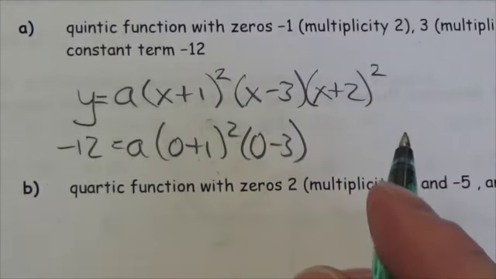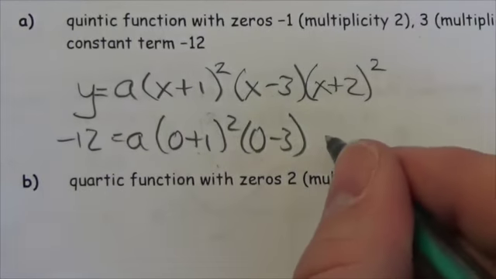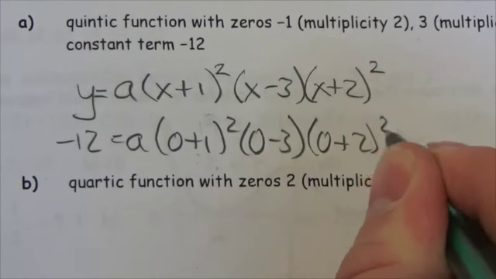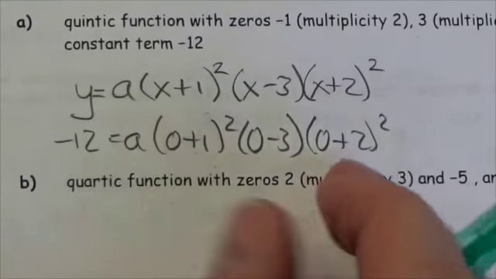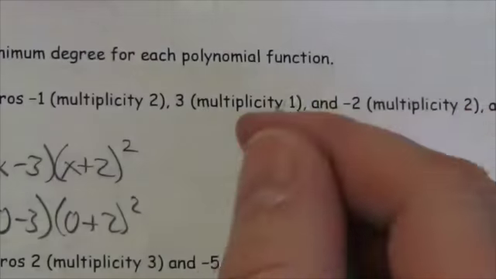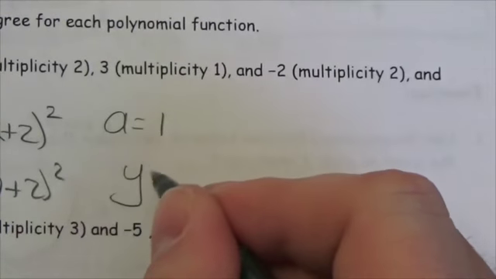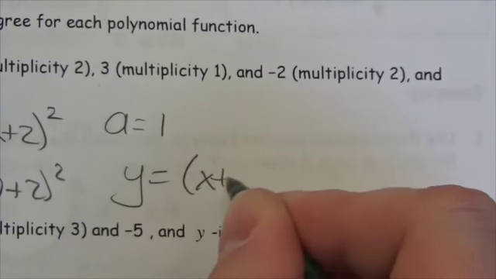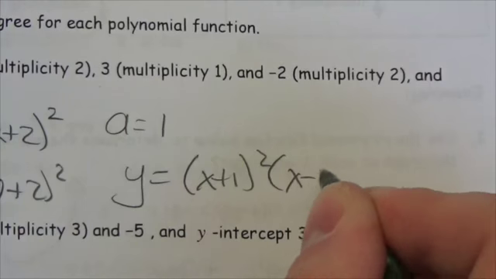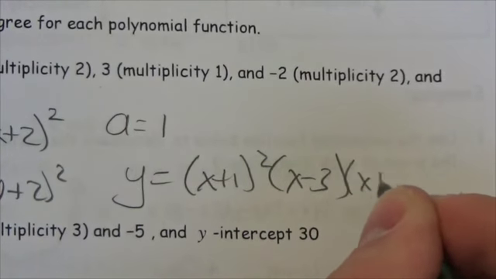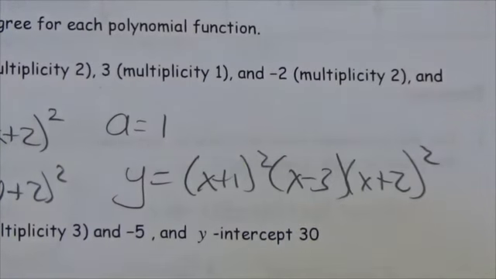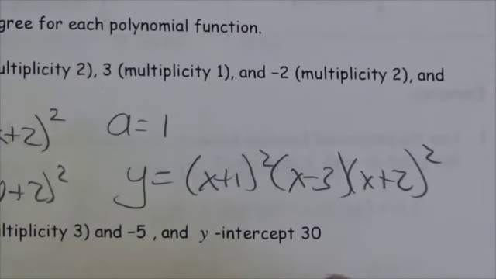That one right there, where x is 0. That was weirdness. 0 plus 2 squared here. And when I evaluate this and then divide it through, I'm going to get that a is equal to +1. Which means that my overall function is simply going to be exactly what I had written originally. There didn't need to be a stretch factor there to get a constant value of -12 when you expand that out.